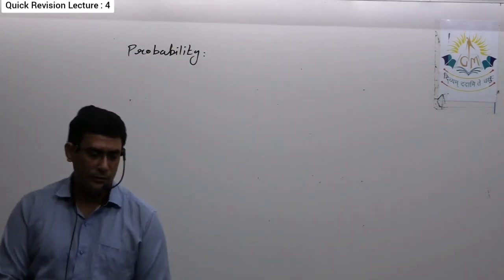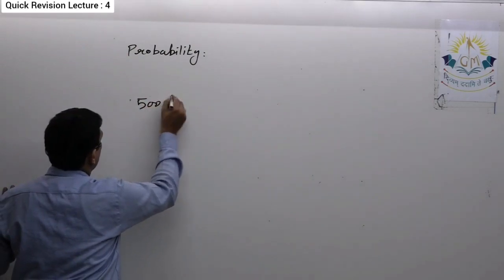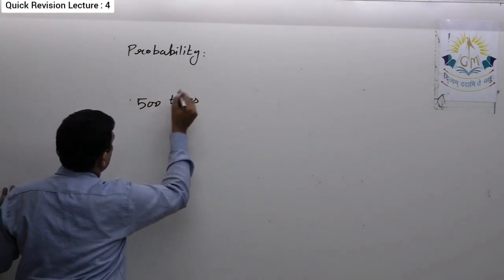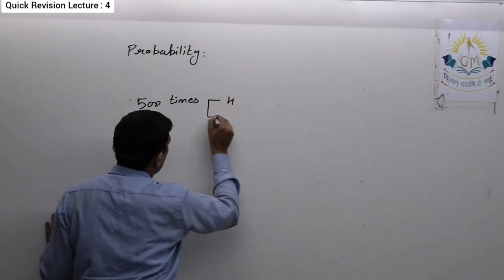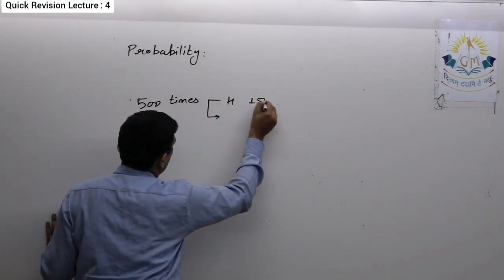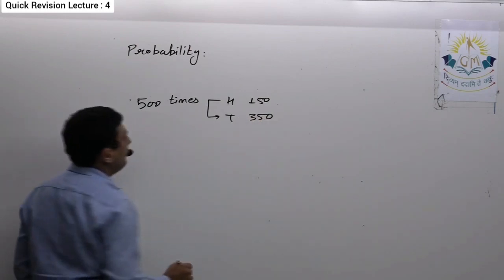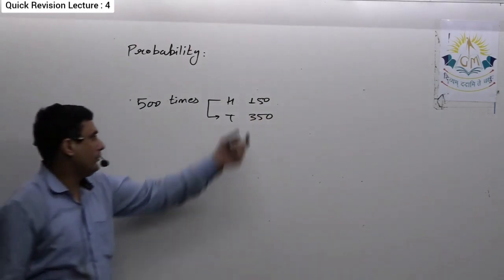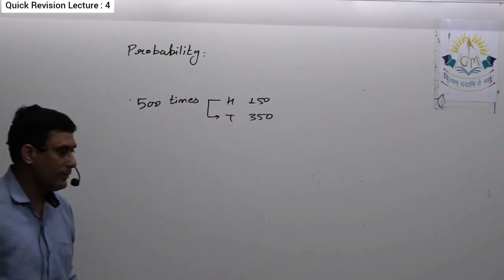I will discuss it in very short. If a coin is tossed 500 times, head comes 150 times and tail comes, obviously, 350 times. What is the probability of each event? So 150 upon 500, 350 upon 500. I won't discuss this much.